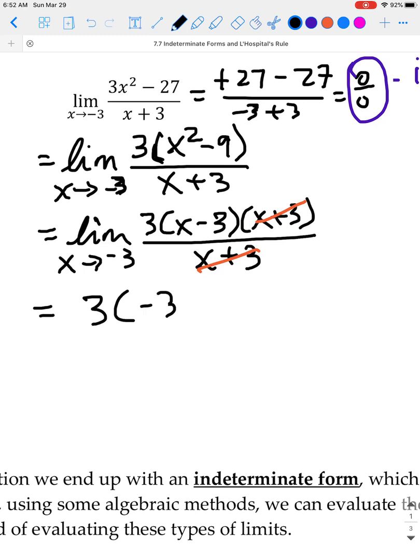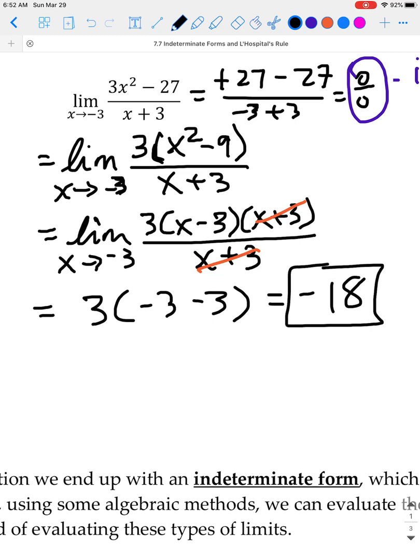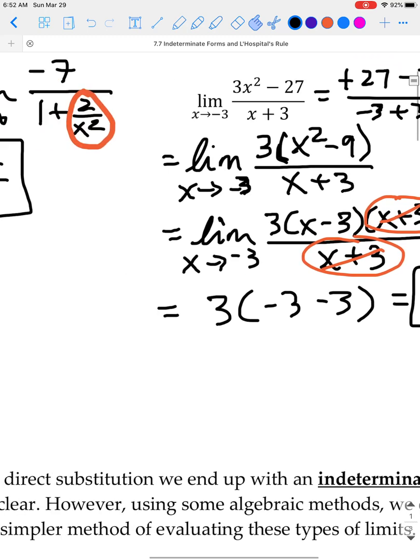We'll be left with, when we evaluate at -3, 3 times -3 minus 3, which is -18. So the limit's going to equal -18. There's a hole in the graph at -3, but the limit still exists.